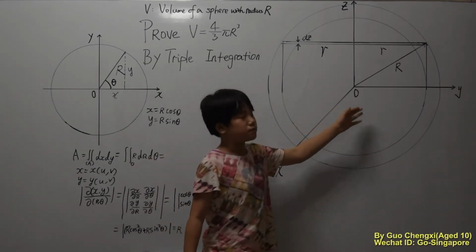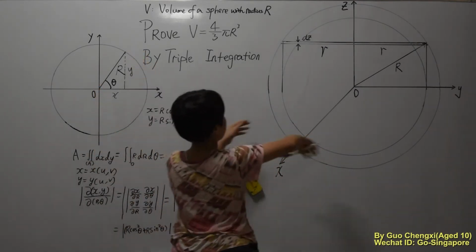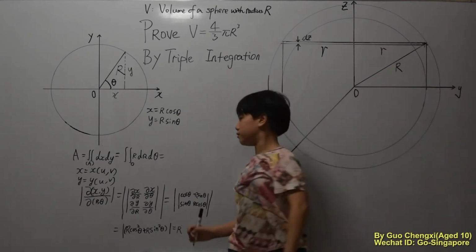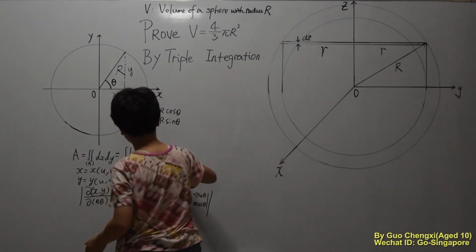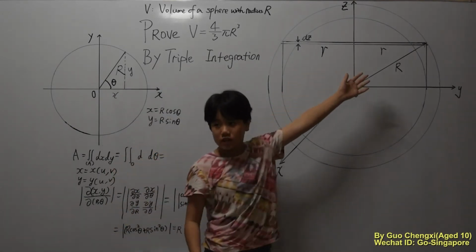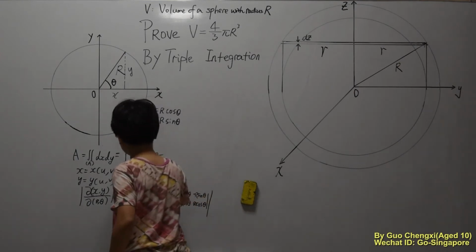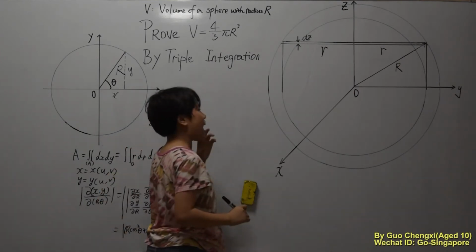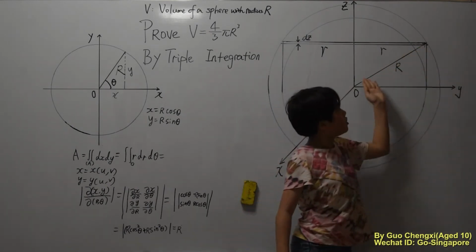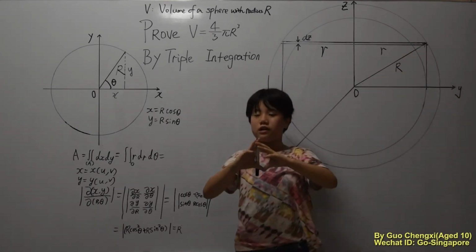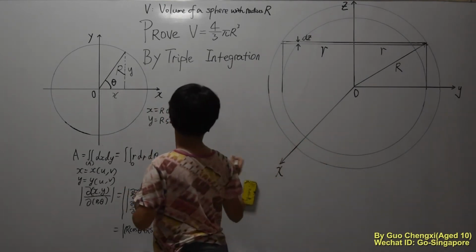The capital R over here is a small r over here. So let's not get confused and we can change it back to this part, okay? So now we change it back. Now the actual capital R is this part. So this is the actual capital R, the radius of the sphere that you are actually finding.